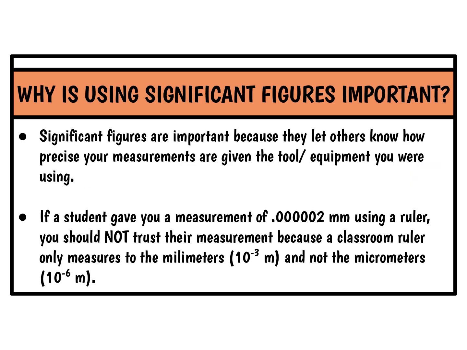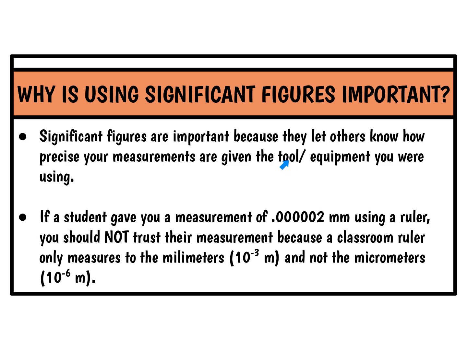One of our objectives was to figure out why significant figures are important. They're important because they let others know how precise your measurements are given the tool or equipment you are using. When we talk about the precision of an instrument or a tool, we talk about the number of tick marks, or the decimal places that it can go to.